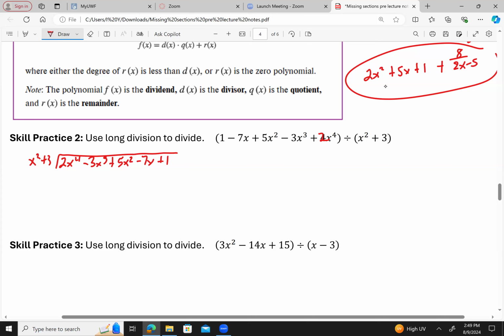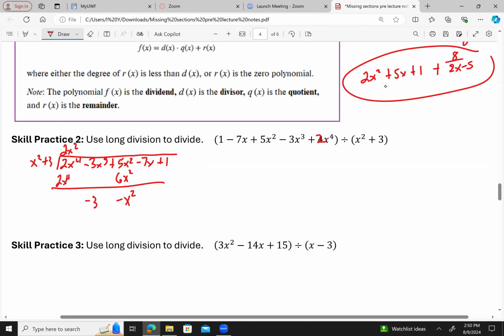Follow the same routine. x squared times 2x squared gives me 2x to the fourth. And 3 times 2x squared is 6x squared. Subtracting that, this becomes negative x squared, and I need to bring down minus 3x to the third, so I have minus 3x to the third minus x squared.